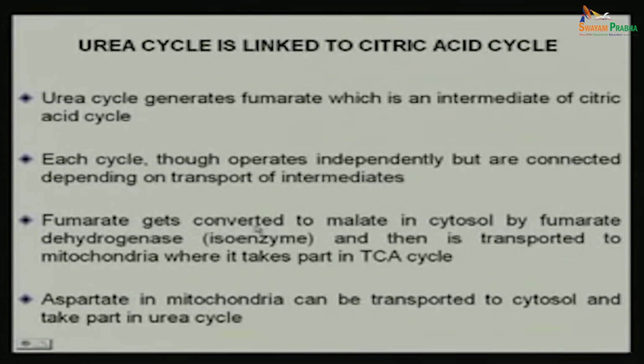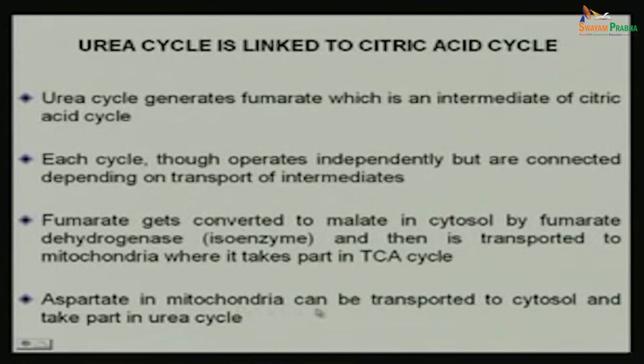Fumarate gets converted to malate in the cytosol by fumarase, one of the isozymes, and then it is transported to mitochondria where it takes part in the TCA cycle. So, in the mitochondria, this fumarate takes part in the citric acid cycle.